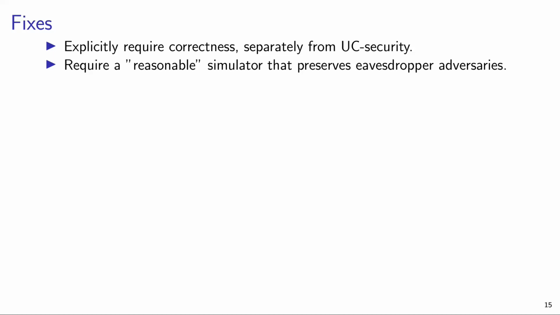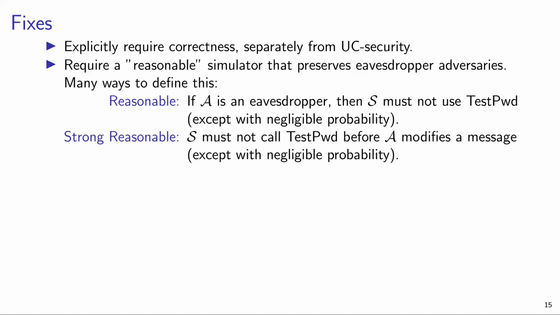So this suggests another approach, restricting to reasonable simulators, meaning simulators that only use test password when the adversary decides to tamper with a message. There are a number of ways you could define this. One way is a reasonable simulator.